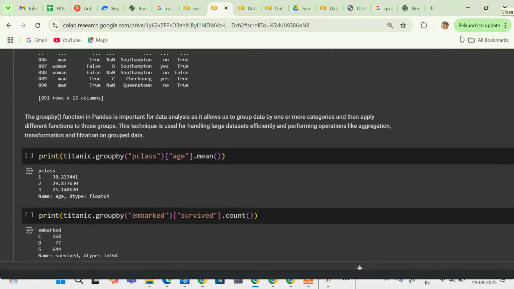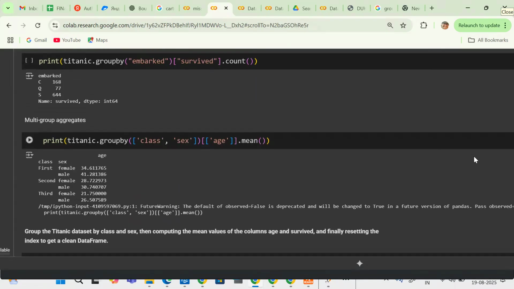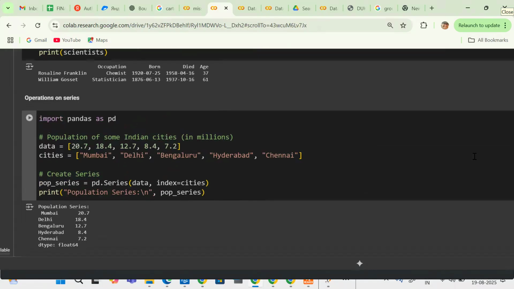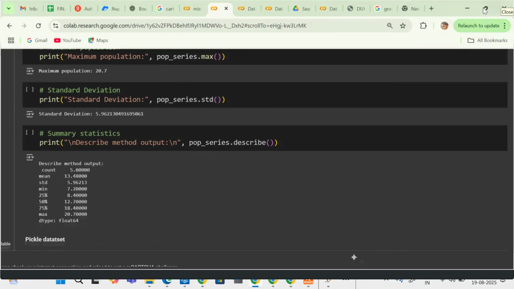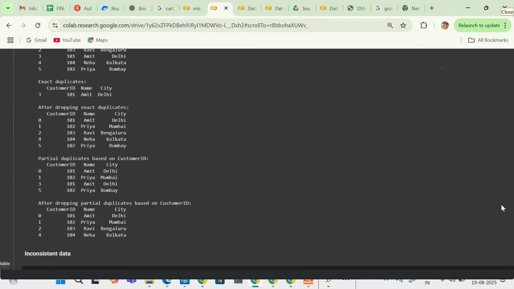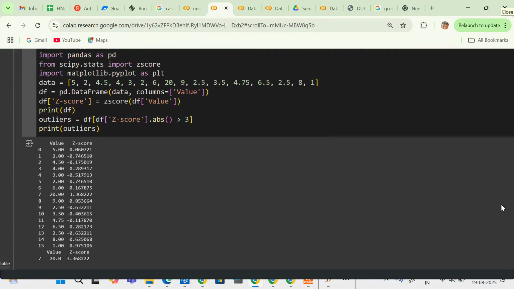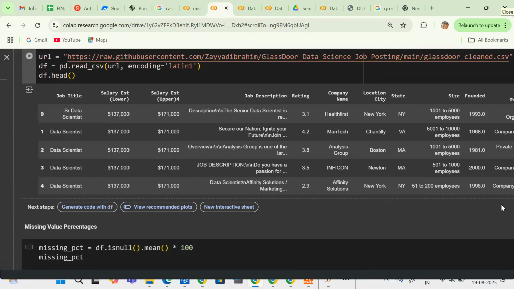I think it is disconnected. I think here we apply. I think so. Yes.